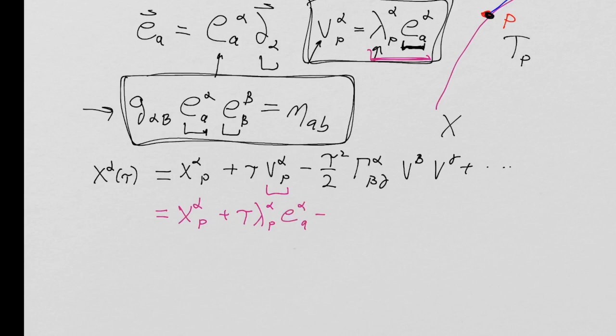Then I have minus, and I want to put in two factors of that here, beta and gamma.